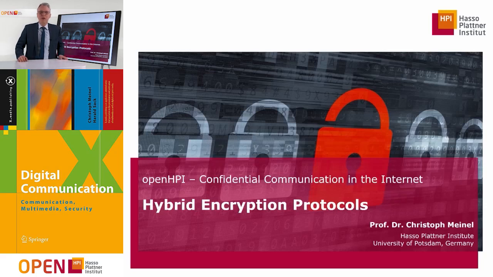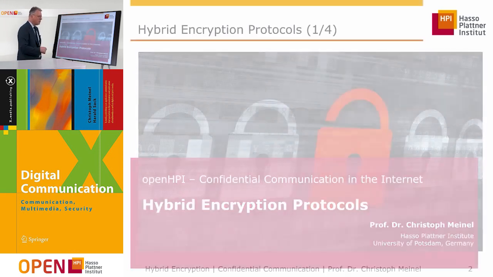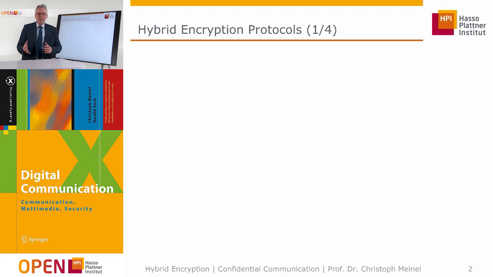In our OpenHPI course about confidential communication in the internet, now we have a closer look at hybrid encryption protocols. Remember from our first week that hybrid encryption is the idea that we combine the symmetric encryption methods that can be perfectly used for long messages with the asymmetric encryption methods that fit very well for short information.